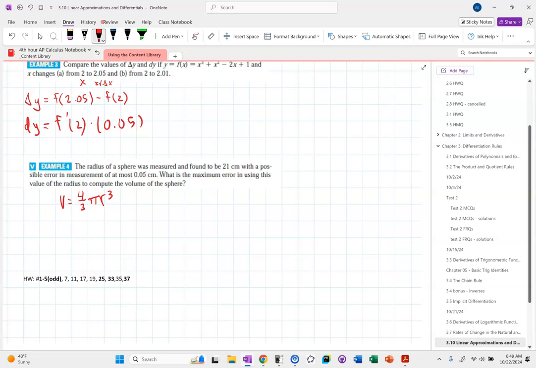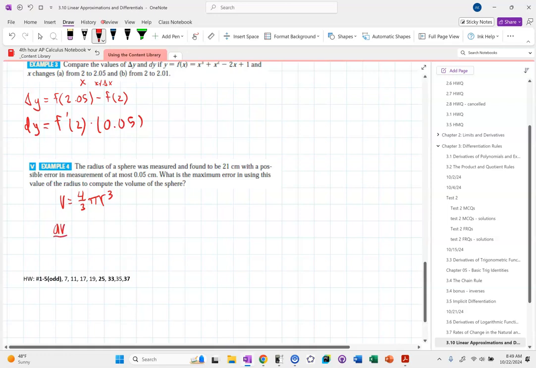If I take the derivative of this with respect to the radius, it's going to be dV/dr equals 4/3 pi, which are all constants, and the derivative of r cubed would be 3r squared. So this simplifies down to 4 pi r squared. If I multiply both sides by dr, this is going to be the maximum error in volume.